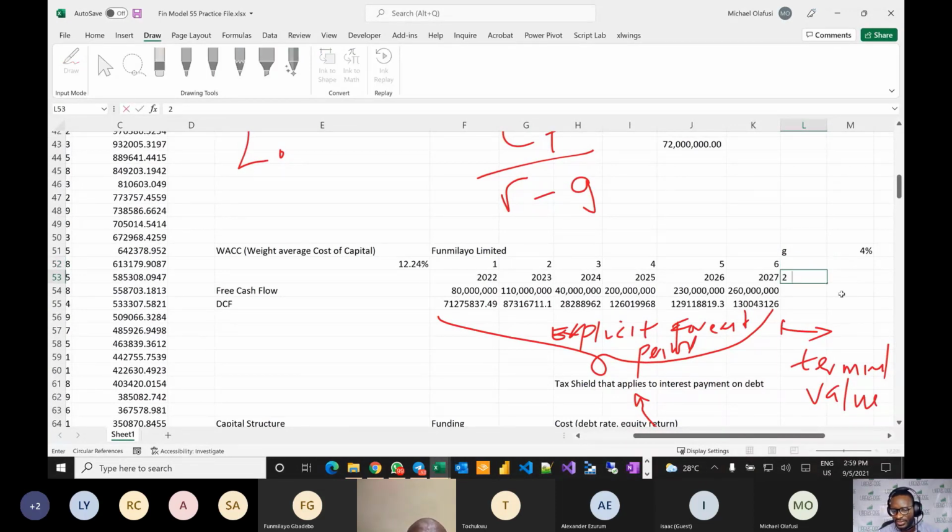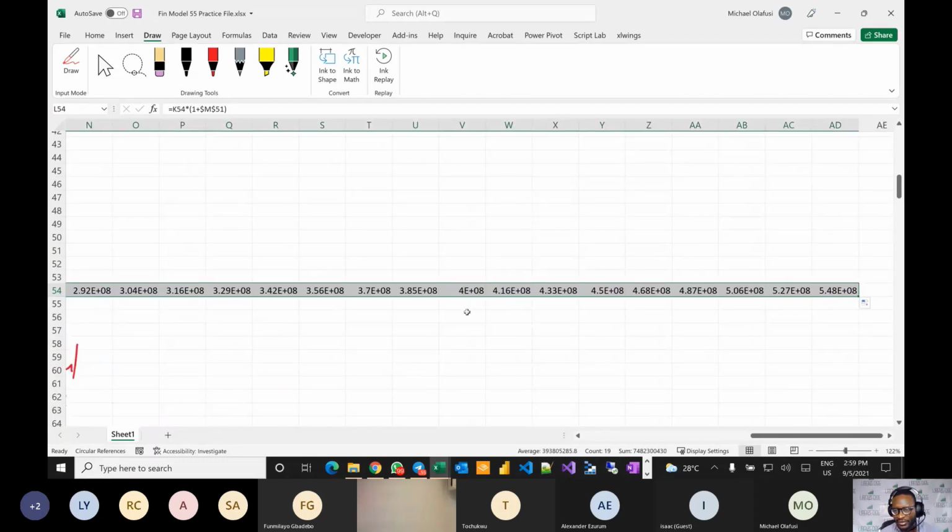It means year 2028 is going to be equal to this value times 1 plus 4%. I'm going to make this absolute. And like that, I'll keep doing this forever.